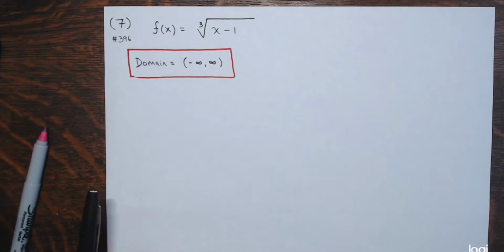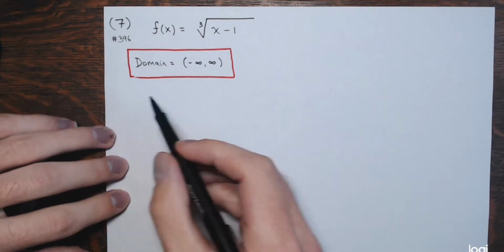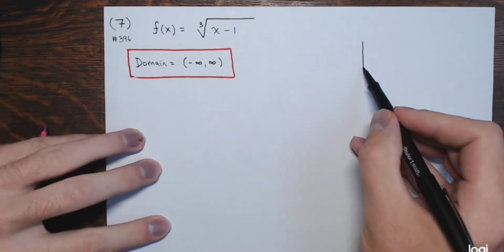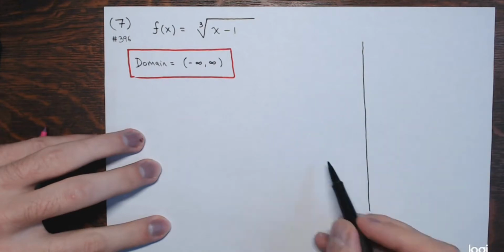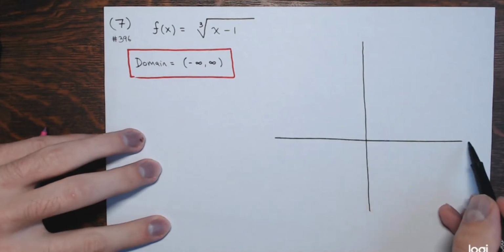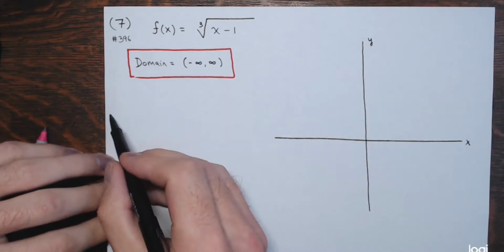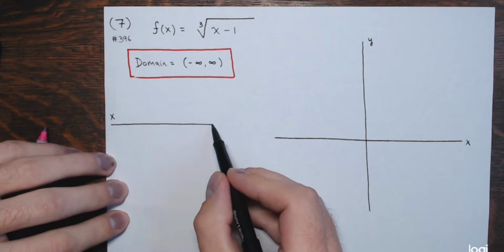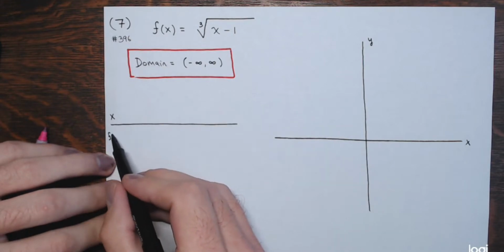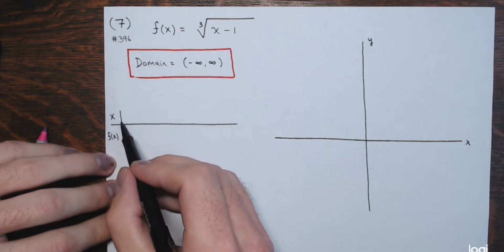So that makes the table a little trickier. So I'm going to go in to try and graph this thing. Now when I make the table, here's what I'm going to do. X and f of x here.